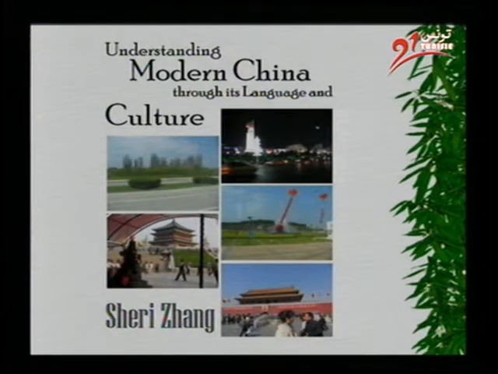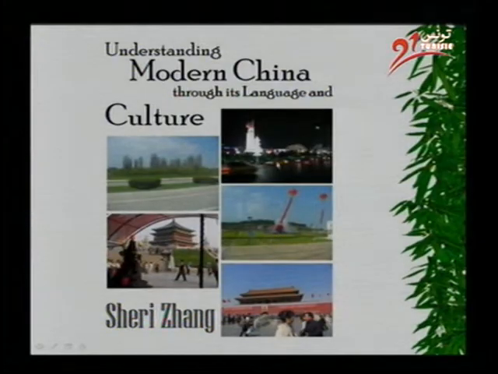When we look at the pictures, we see those pictures explain some of what we are going to find in this book. So from the pictures we understand that this book is giving us a brief idea about the culture and civilization of China, from modern to the traditional.